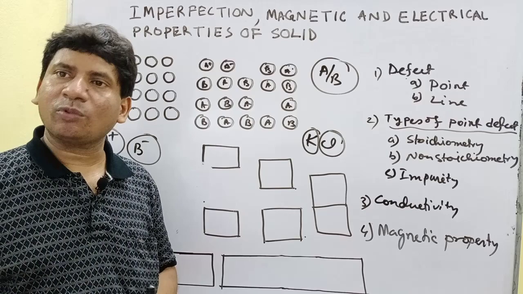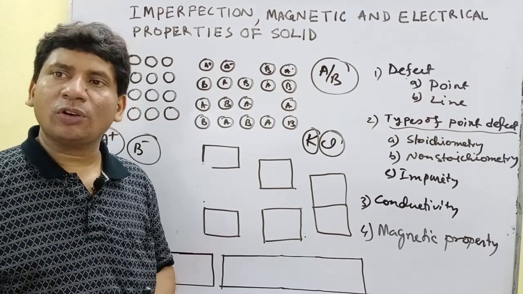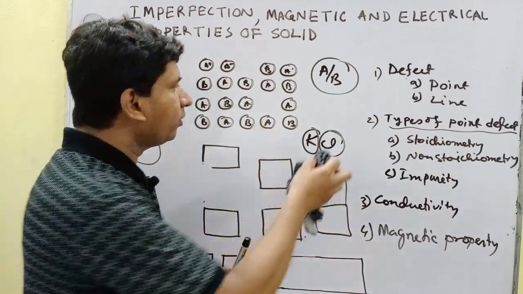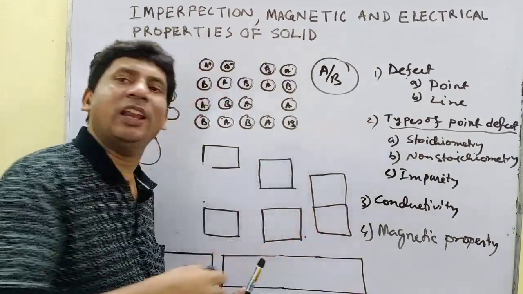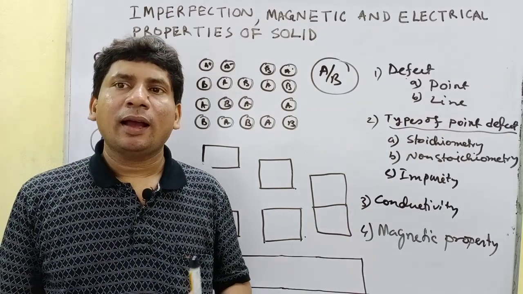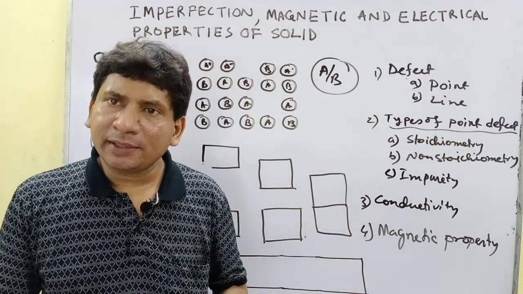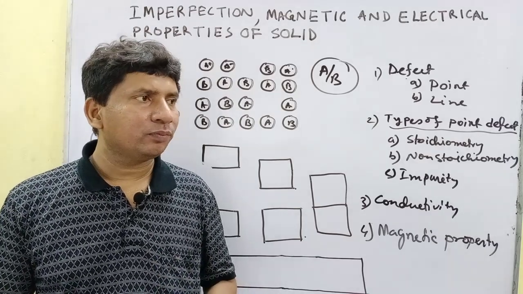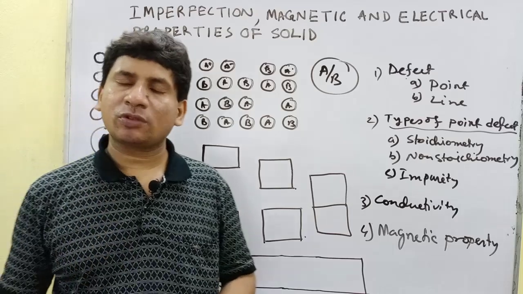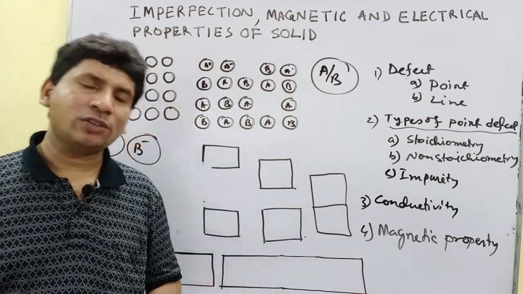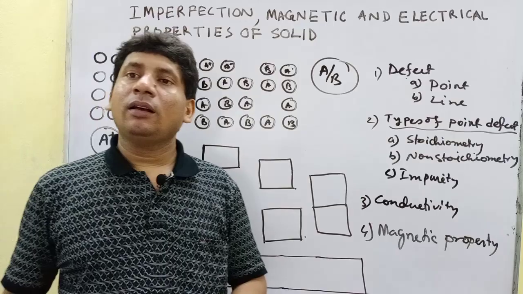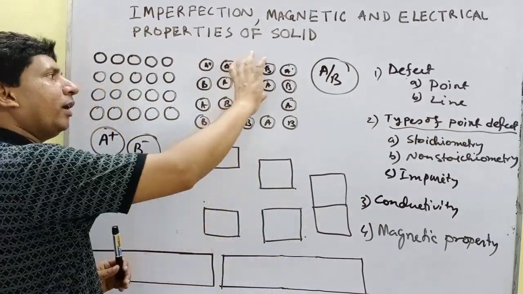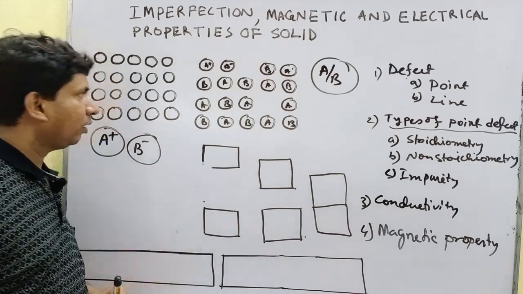Sodium chloride and cesium chloride can show this type of Schottky defect. AgBr shows both Frenkel and Schottky defects. So Schottky defect is when an equal number of cations and anions is missing.